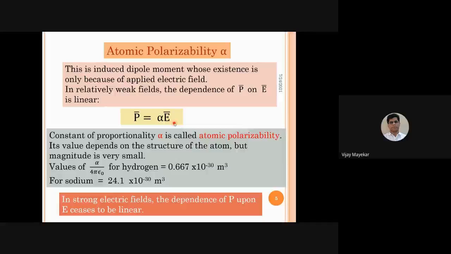Its value depends on the structure of the atom and its magnitude is really very small. For convenience, we are taking the values of alpha over 4 pi epsilon naught. In the case of hydrogen, the value is found to be 0.667 times 10 raised to minus 30 meter cube. This is pretty small, at the level of the meter cube.